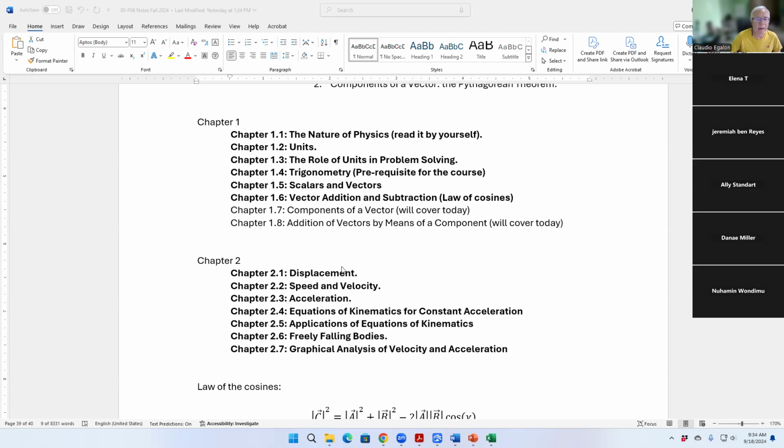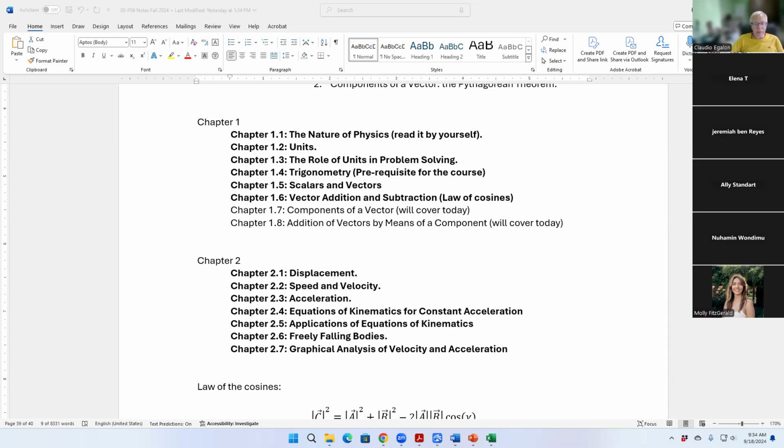So what we did here, I introduced you to a quantitative way of determining the length of a vector, the magnitude of a vector that's the result of the summation of two other vectors.